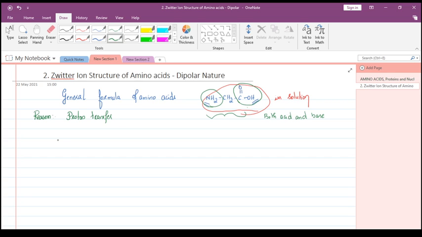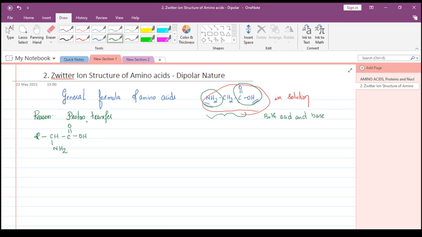Okay, so first, write the general formula of an alpha amino acid: R, CH, C double bond O, OH, and this has NH2. All of us know this.